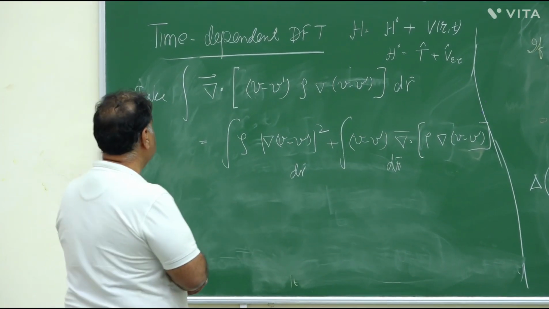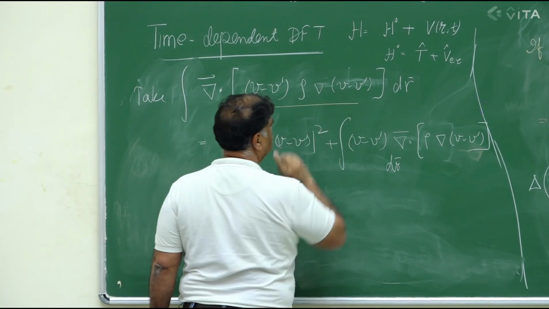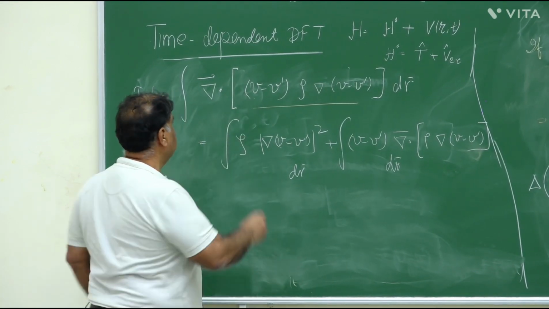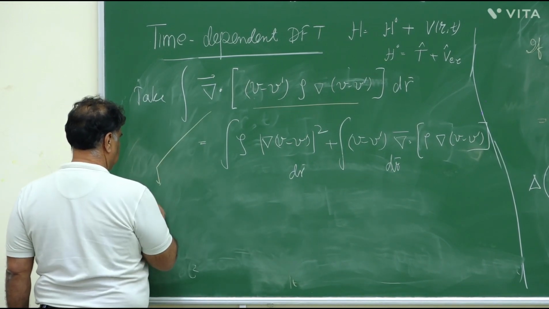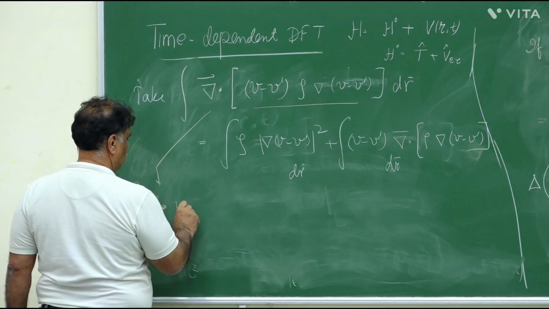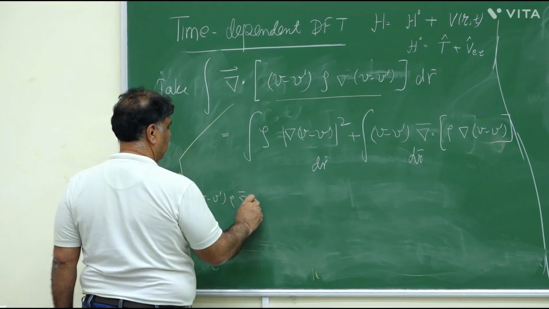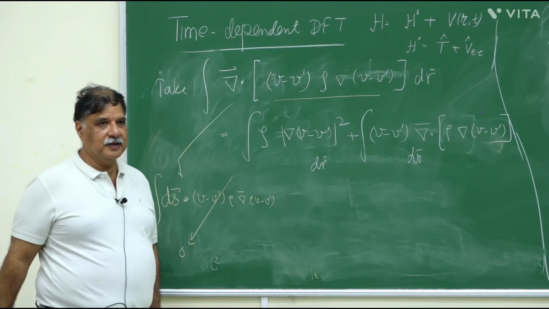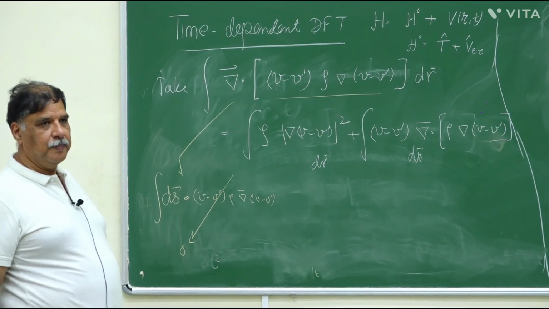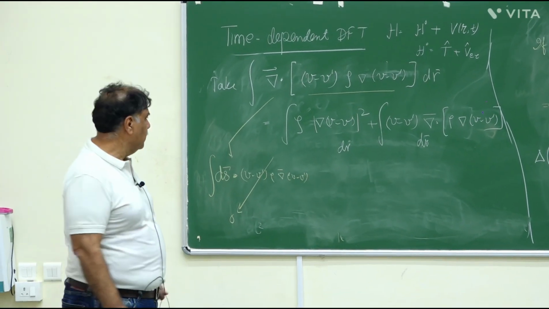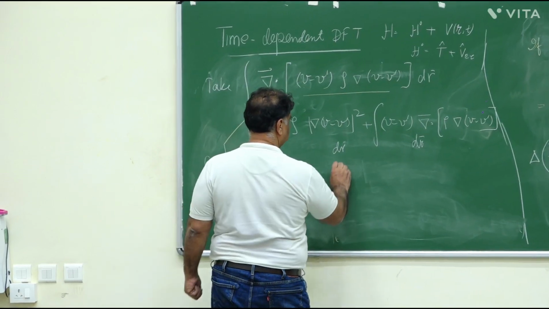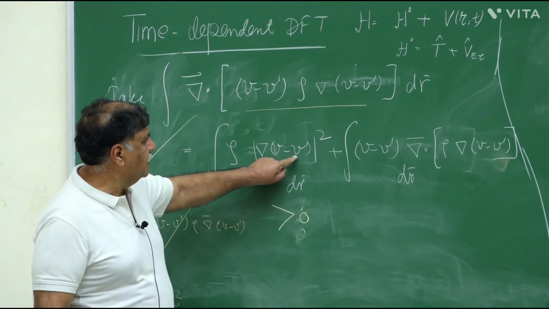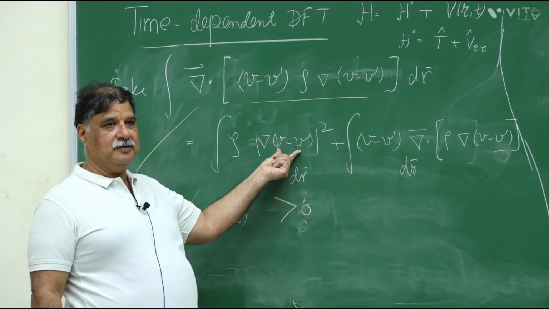Then for any finite system, by the divergence theorem, this will be 0, because this will be a surface integral, integral dS dot (V minus V prime) ρ grad of (V minus V prime), and it's 0 where the density decays exponentially at infinity. This is the standard divergence theorem. And on the right hand side, this is definitely greater than 0, because grad of (V minus V prime) is non-zero, they are differing by more than a constant.